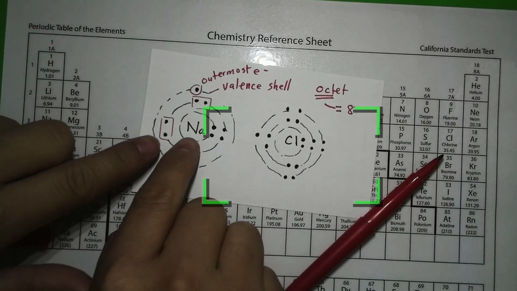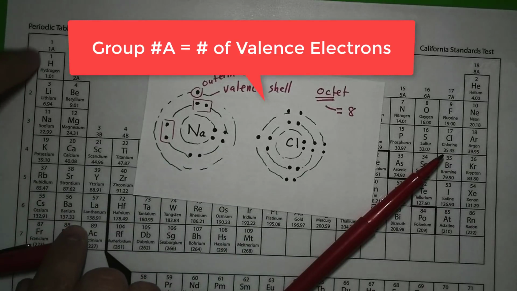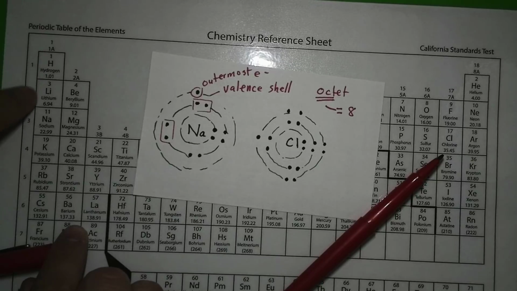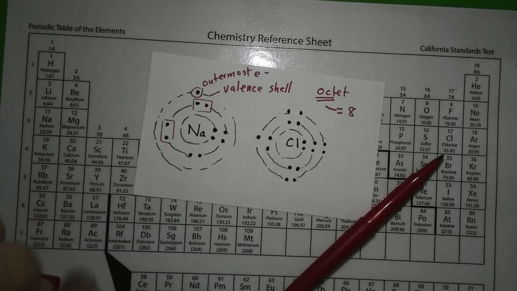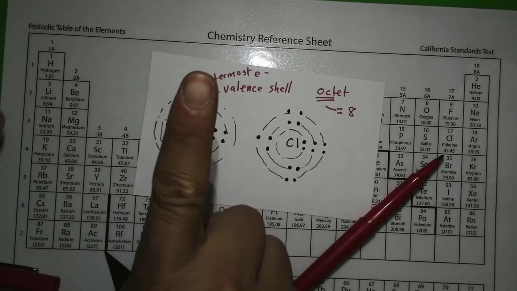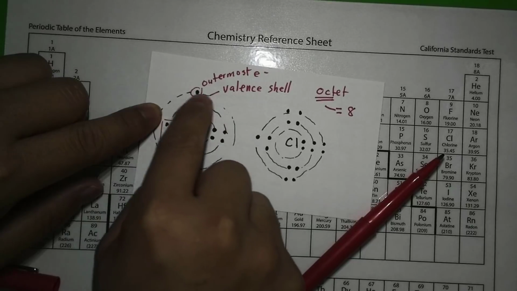Over here we have sodium. Sodium is in group 1A, and again, the group number represents the number of valence electrons. All the elements in group 1A, including sodium, will have 1 valence electron. Sodium, if you look at this carefully, has multiple shells.